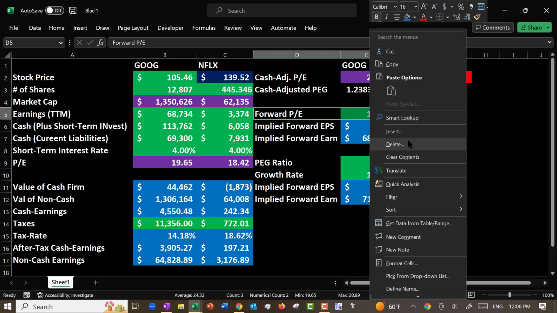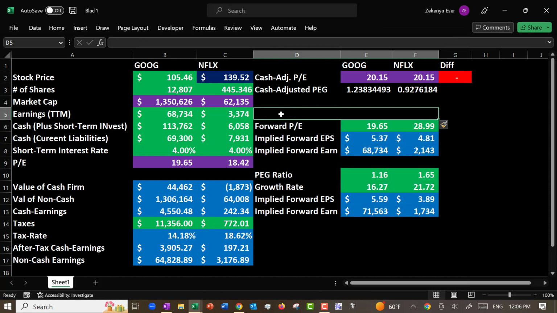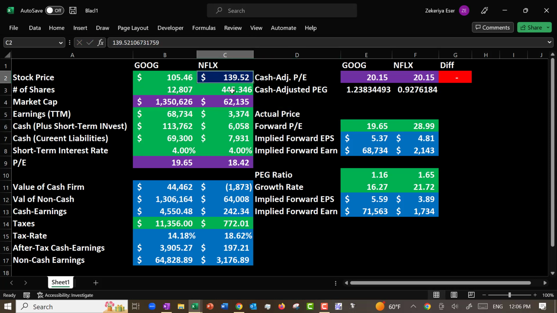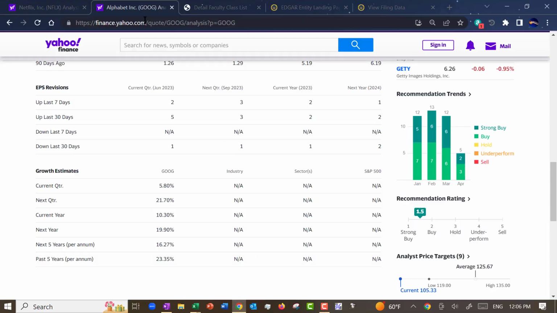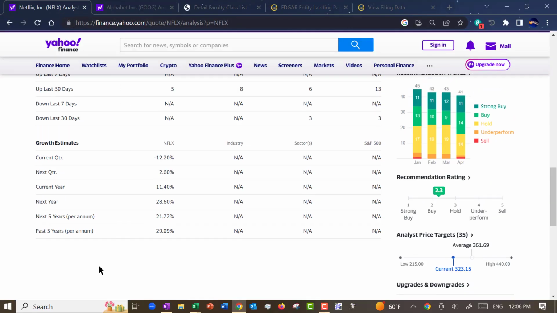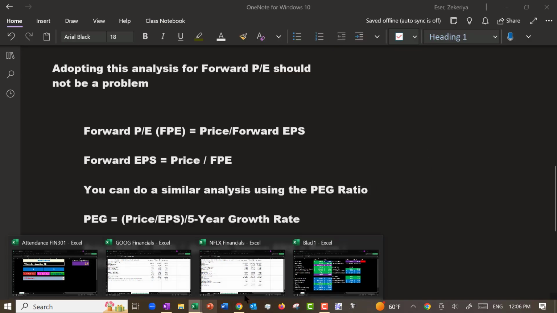Let's research. I gotta put the actual price here because the price I use over there is kind of variable. Because Netflix price 323.94.